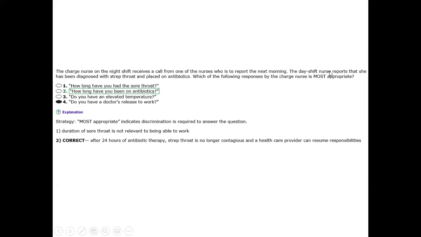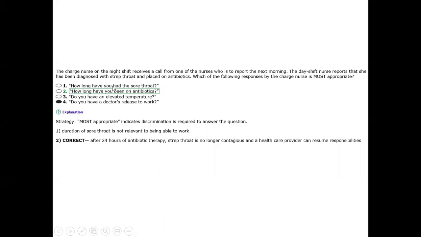The day shift nurse reports that she has been diagnosed with Staphylococcus throat and is on antibiotics. Which of the following responses by the charge nurse is the most appropriate?